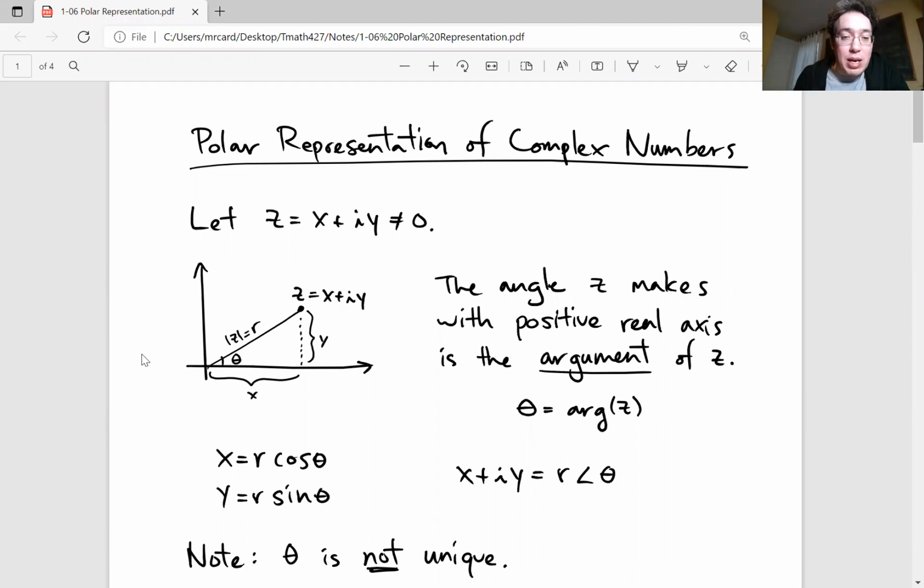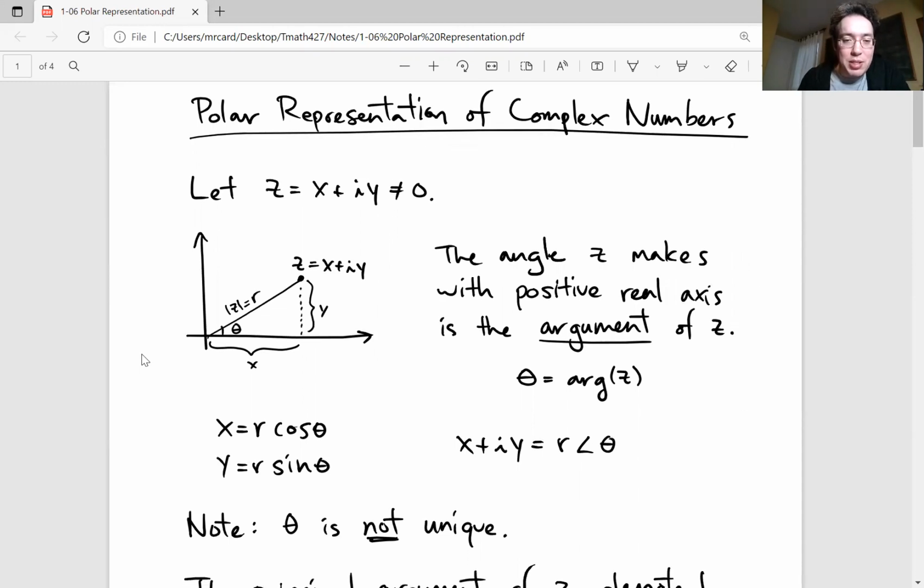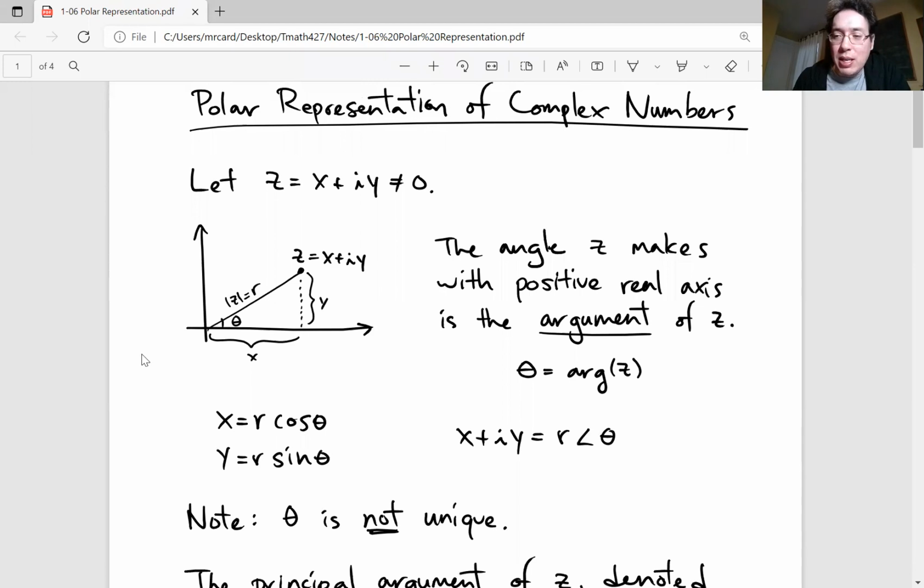But if you don't have a zero, so you're not on the origin, you can draw a line from that complex number to origin, and you'll get some kind of a right triangle like this. Okay, and of course the angle here is measured counterclockwise from positive real axis.